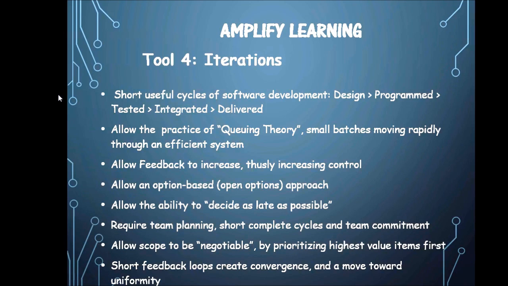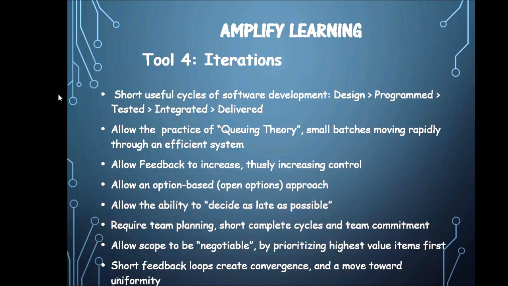And this process is a useful process which is recommended by this tool. The second point is allow the practice of queuing theory, small batches moving rapidly through an efficient system. The third one is allow feedback to increase, thus increasing control.